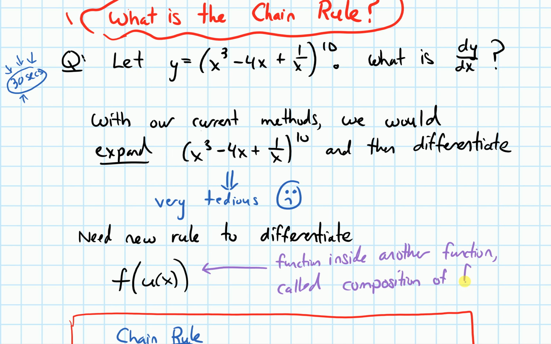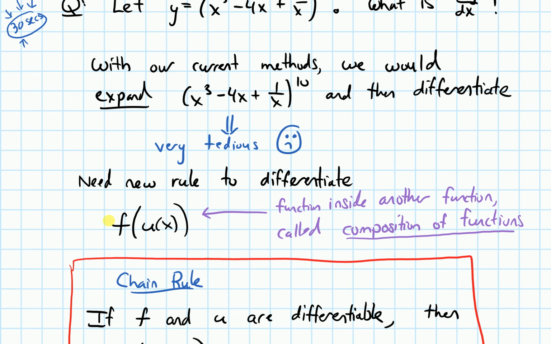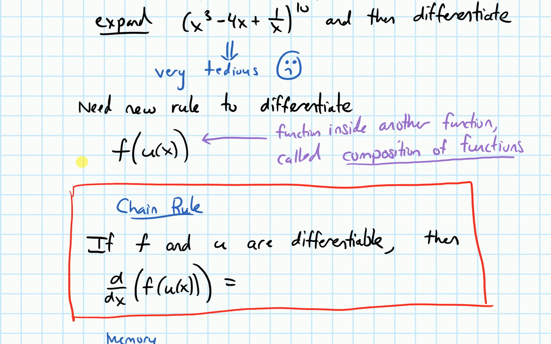So a composition of functions. Okay, so that's probably a term you would have seen maybe back in algebra. A composition of functions just means we have a function inside of another function. Okay, so the rule to take the derivative of something like this, a composition of functions, is called the chain rule.